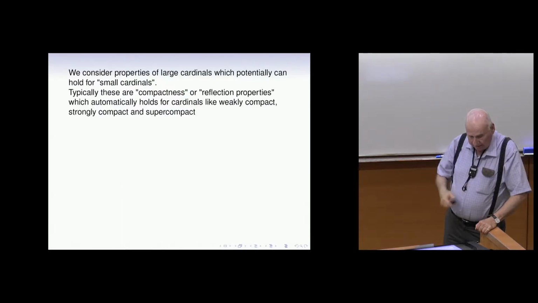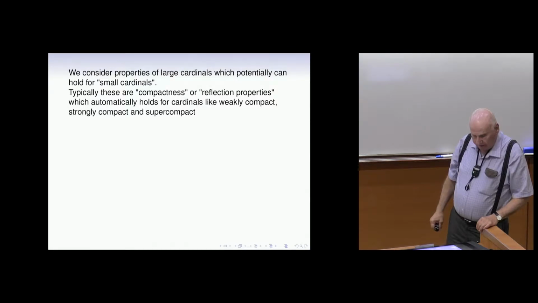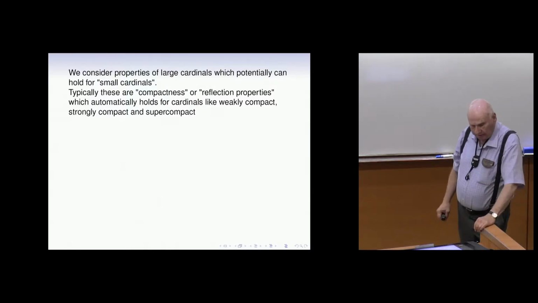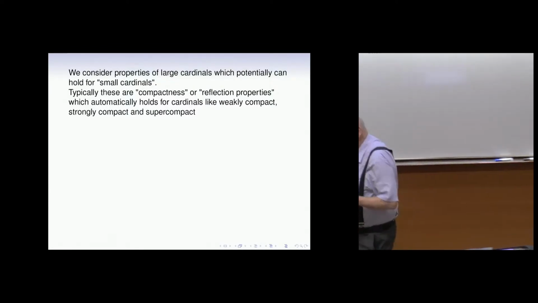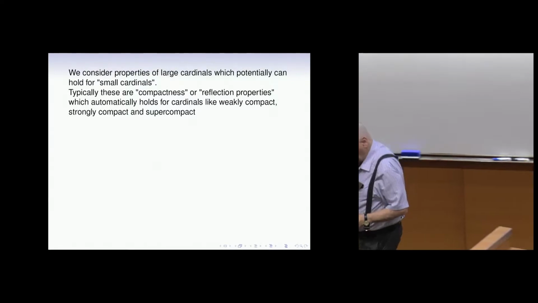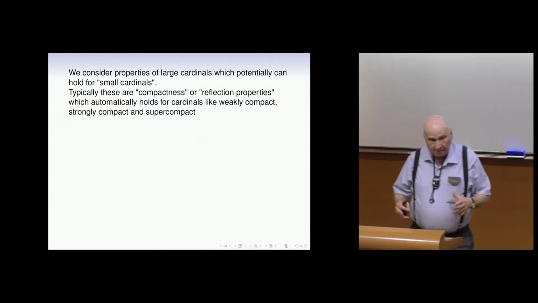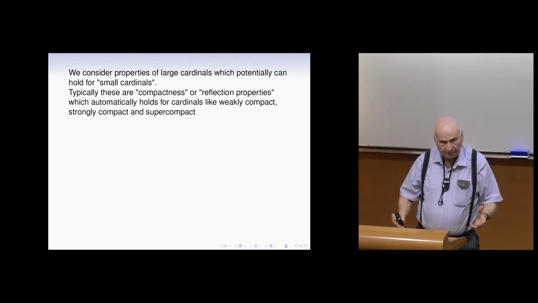And typically, you're talking about compactness or reflection properties, which automatically hold for cardinals like weakly compact, strongly compact, supercompact. A compactness property is a property where you've got a mathematical structure, and you say that every small substructure has the property. A compactness phenomenon is the fact that you can infer that it holds for the whole structure.